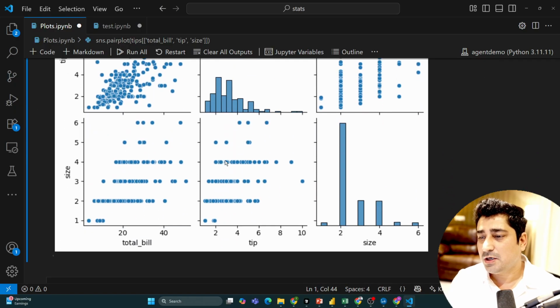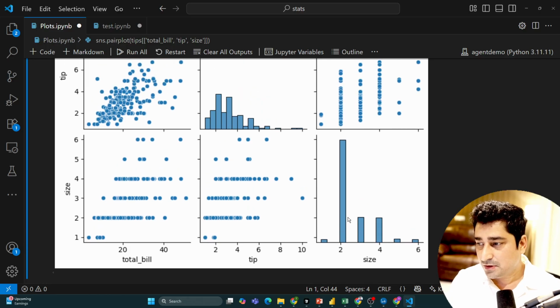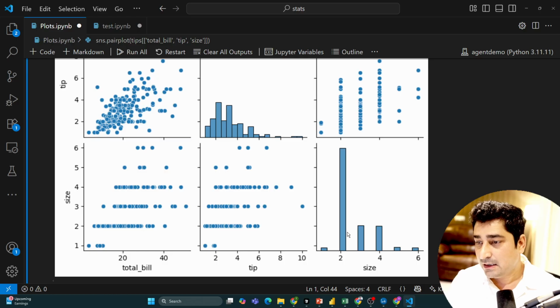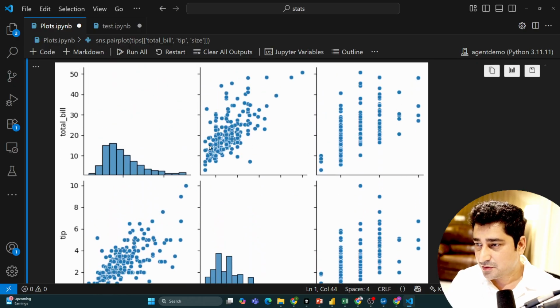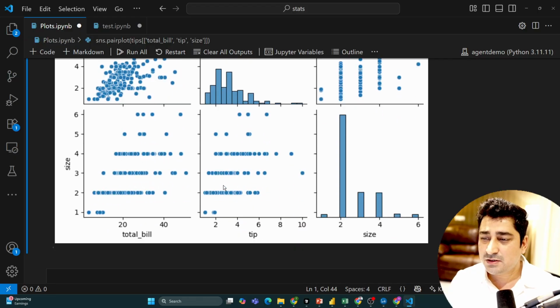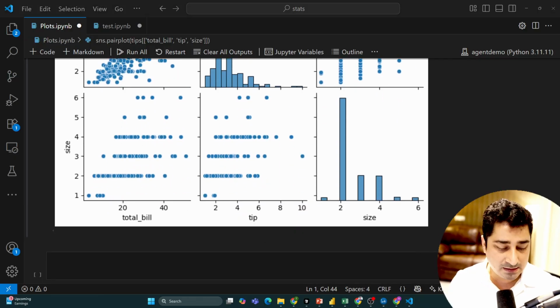So it is going to show you a scatter plot, and it is going to show you a histogram with respect to a data, and then data itself, and then it is going to show you even a distribution.